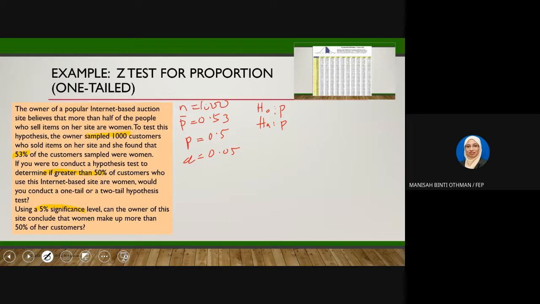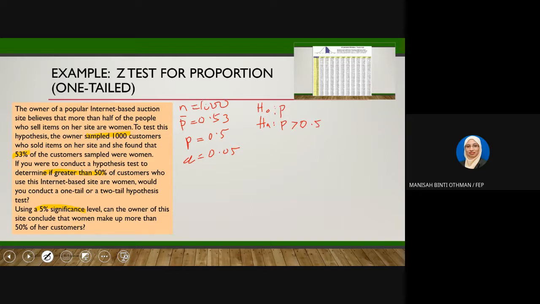Like I mentioned previously, whatever assumption is made based on previous data or belief, or a claim from another person, we should put it in the alternative hypothesis. I want to test whether more than 0.5, so p more than 0.5.